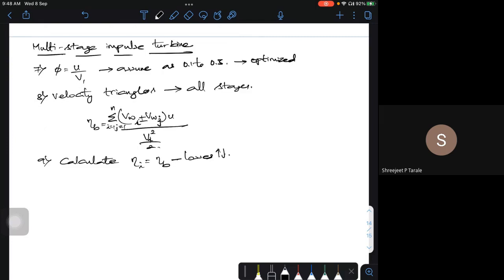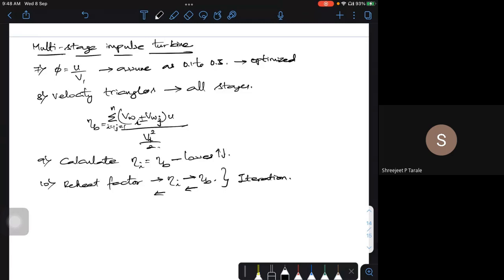Then at the end they try to look into this reheat factor, which depends upon your internal efficiency, which is once again depending upon your blade efficiency. Then they try to iterate. Whatever I told, it is an iteration procedure.